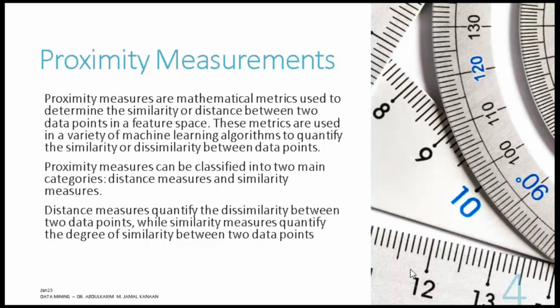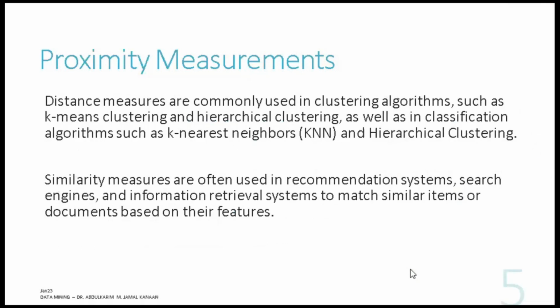So distance measures quantify the dissimilarity between data points, while similarity measures quantify the degree of similarity between data points. Distance measures are commonly used in clustering. Like the example I mentioned just now, usually distance measures are used there, such as k-means.